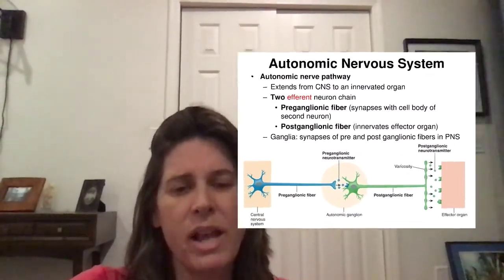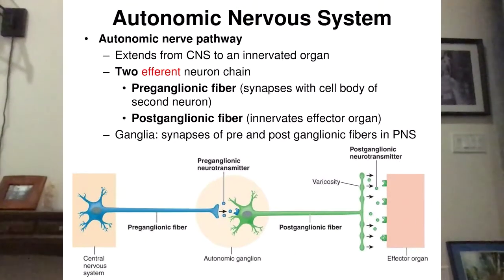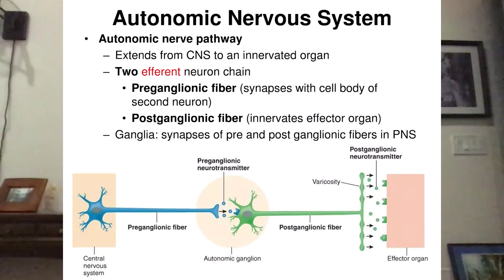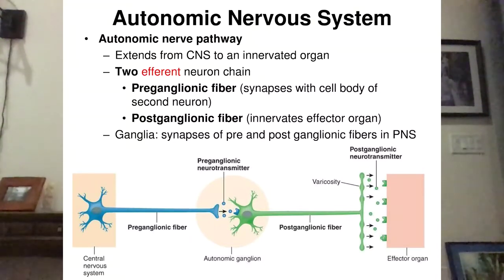So this slide actually shows you that two neuron series. Okay, again, we're starting from the CNS, but these nerves span through the PNS, so they are considered peripheral nerves. And so you have your two efferent neuron chain, the preganglionic fiber and the postganglionic fiber.